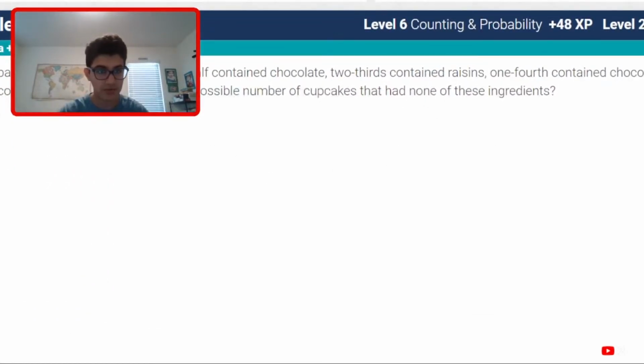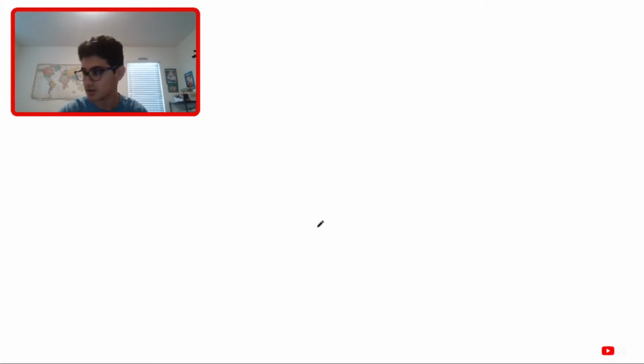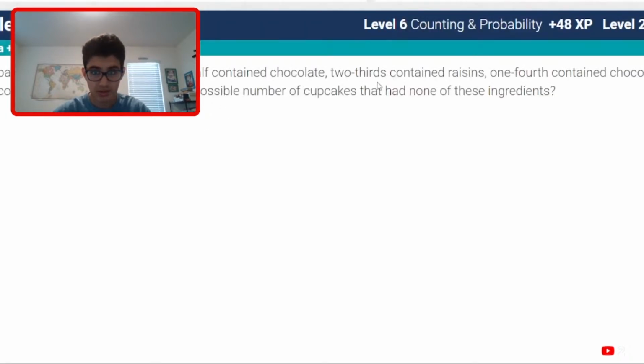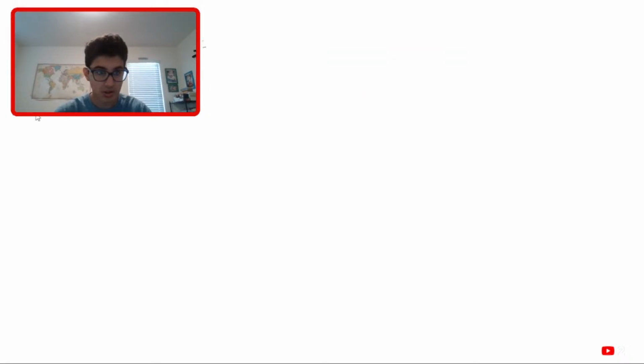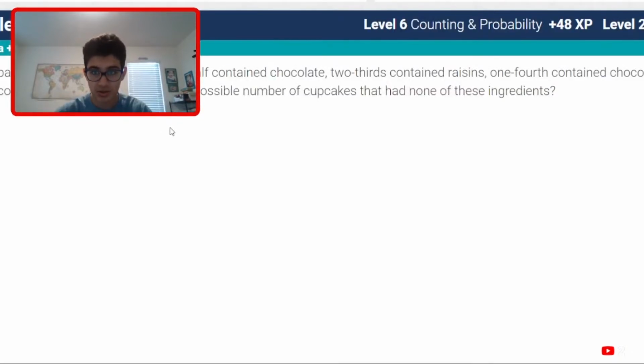So that's 24 in total, 2 dozen. Then what else? So chocolate, that's half of them. So chocolate will be 12. 2/3 contain raisins.